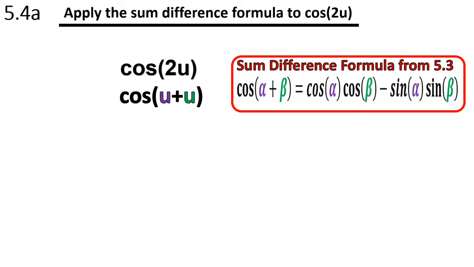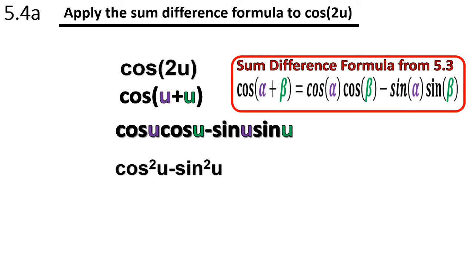Alpha is u and beta is u, so if we apply the property, we will get. Next, we will simplify by replacing cosine of u multiplied by cosine of u with cosine squared of u, and sine u multiplied by sine u with sine squared of u. What we have found is one of the double angle formulas for cosine.